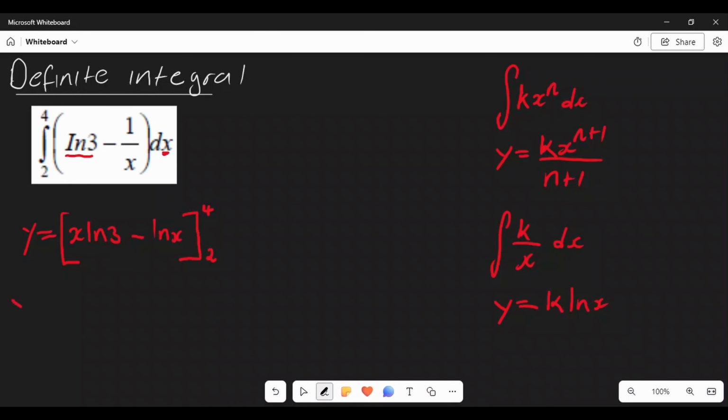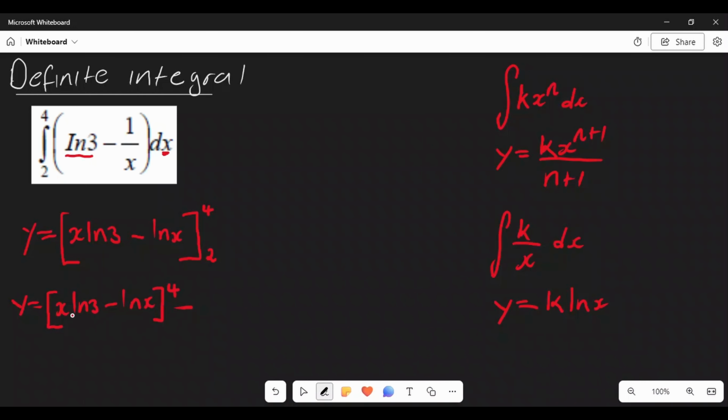Right, so from here you rewrite this, but this time around you're going to rewrite the integrals here as they are. Then you write the upper limit.